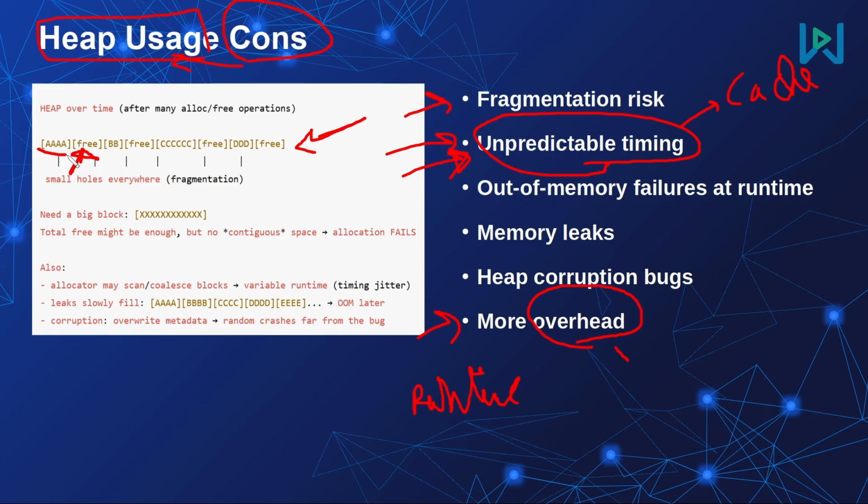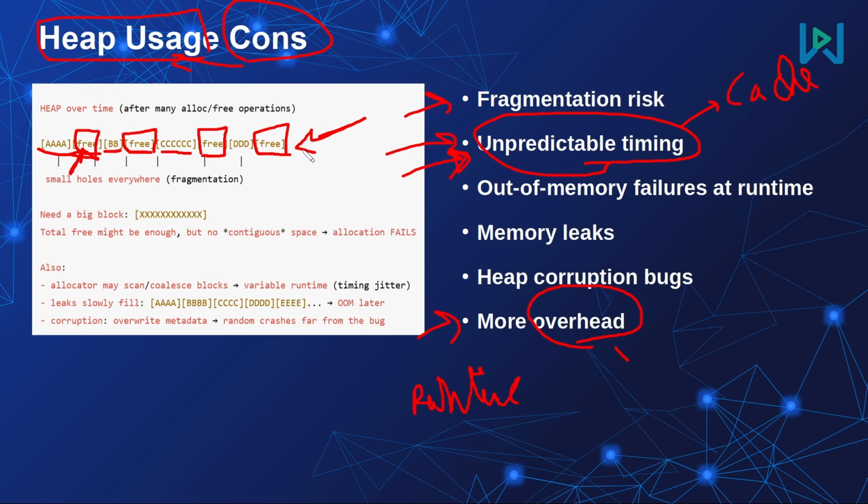Here we have an array of bytes. This is free. Then small bytes allocated here. Then this is free. Then we have a bigger chunk of bytes allocated here, and so on. The problem, as you can see, is we have a set of free bubbles that are not used within the heap memory.